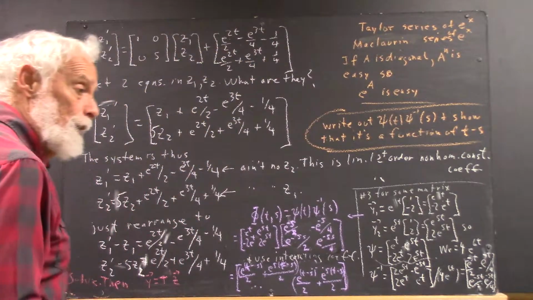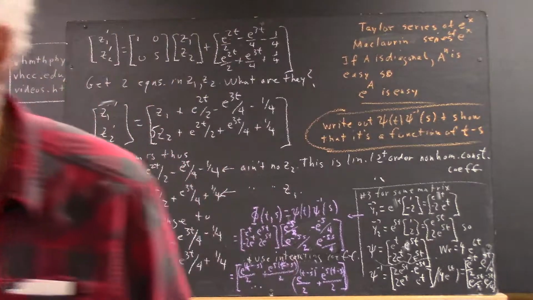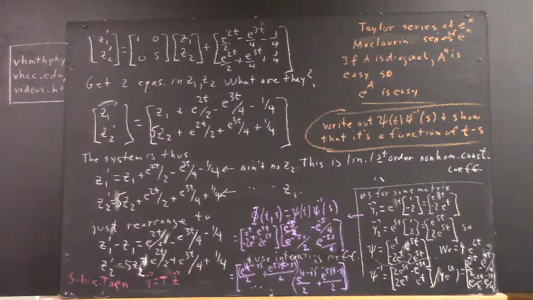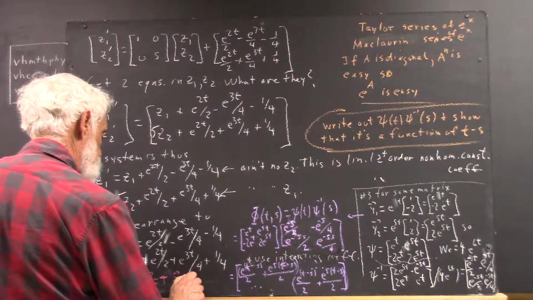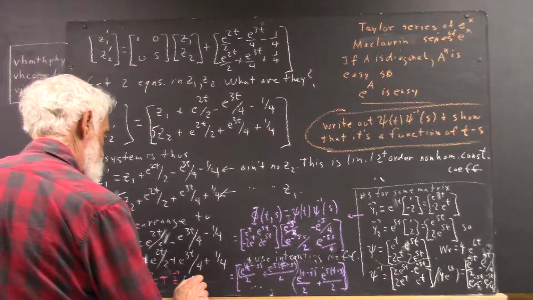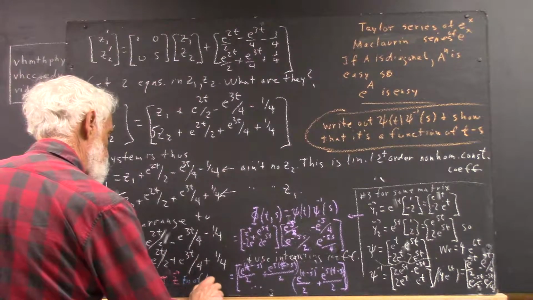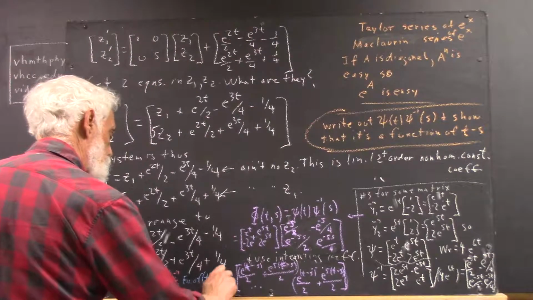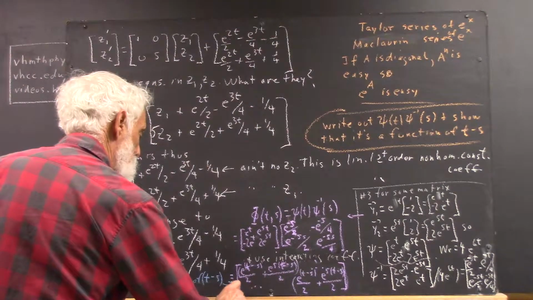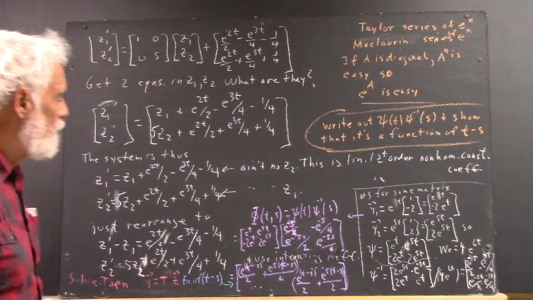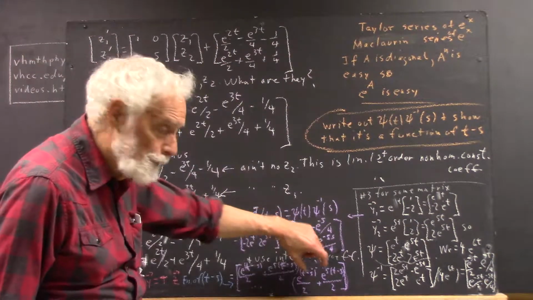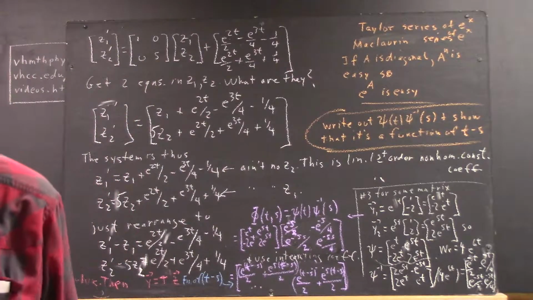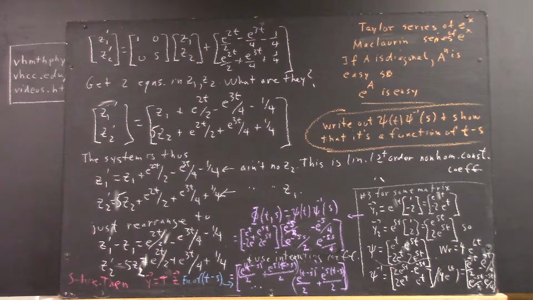That's really kind of important, and that's one of the things I really wanted to illustrate here. This is a function of t minus s, since the only variables that occur can always be put in the form t minus s, and that's going to be very important when we try to apply the propagator matrix.